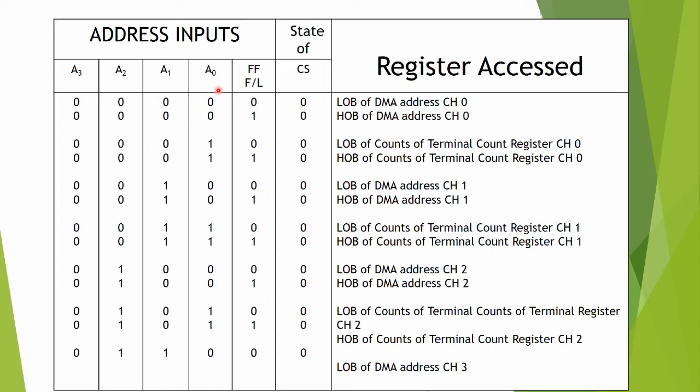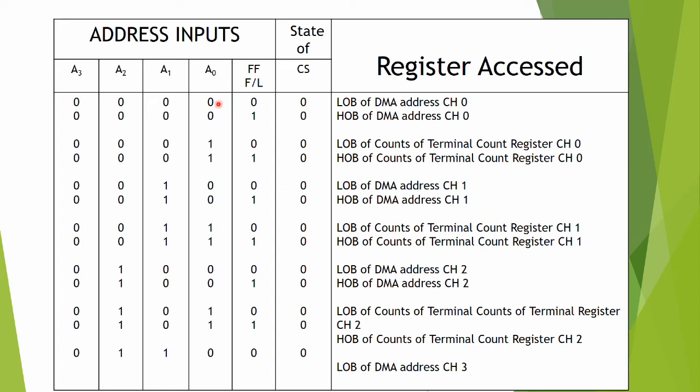If A0 is 1 and all other bits are 0, then the lower order byte of the terminal count register for channel 0 is accessed. If A0 is 1 and the internal flip-flop is 1, then the higher order byte of the terminal count register of channel 0 is selected.